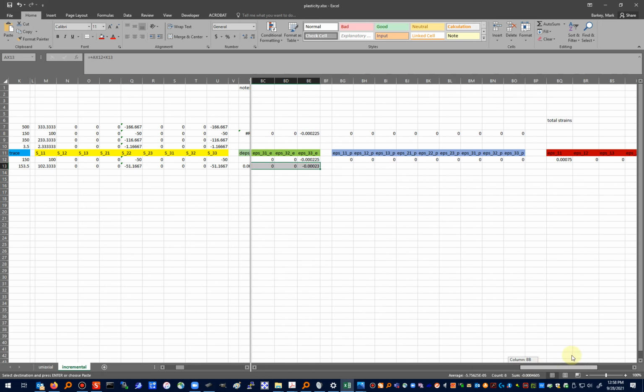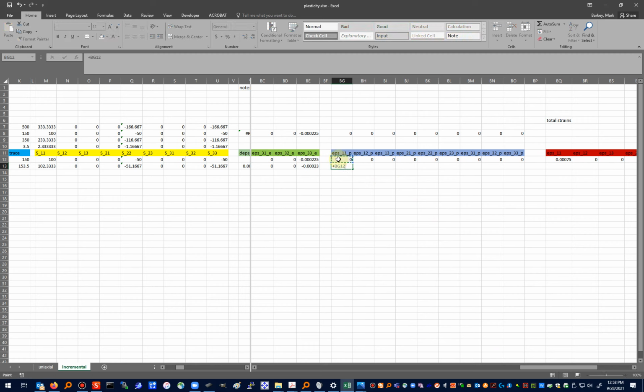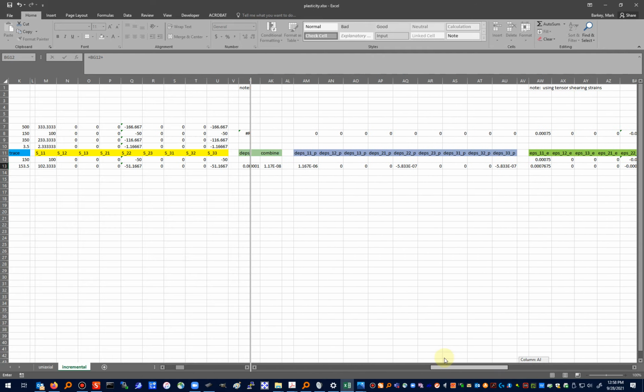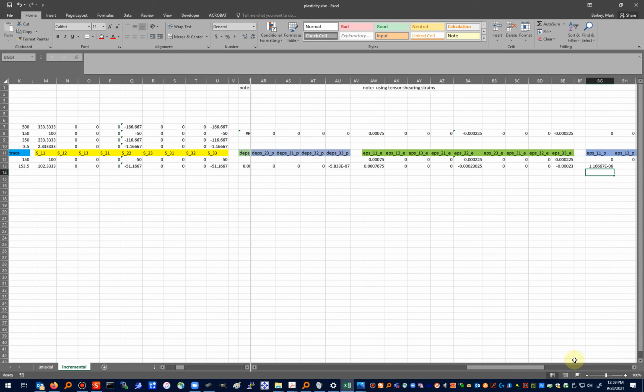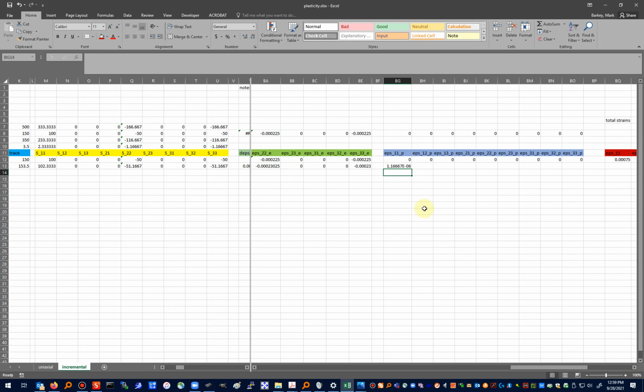Okay, now our total plastic strain is going to be this one plus the increment of plastic strain that we just calculated. And we should be able to take this and paste this across here.